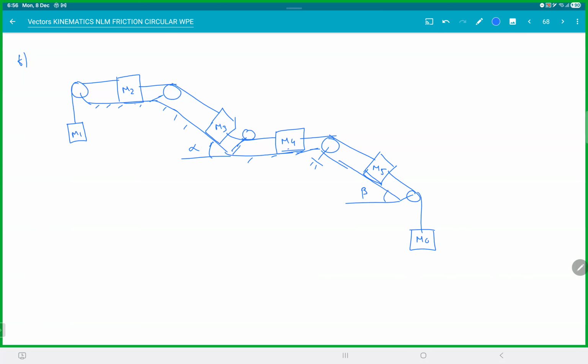Okay, there are 6 blocks. Find tension in this string. All surfaces are smooth. There's M1, M2, M3, M4, M5, M6. Meaning the easiest question would be this: find the acceleration of the blocks. That would be still a good question. But I'm asking you to find the tension in this string. You need to find acceleration first. Without that, you won't get tension.